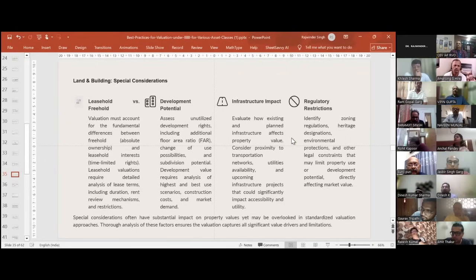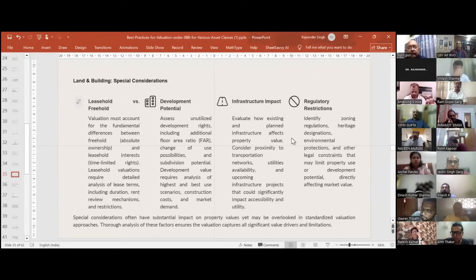But you have to take these considerations into your valuation report also. Valuation must account for fundamental differences between freehold, absolute ownership property, and leasehold properties, which carry time-limited rights. Leasehold valuation requires detailed analysis of lease terms, including duration, rent, review mechanism, and restrictions, etc.